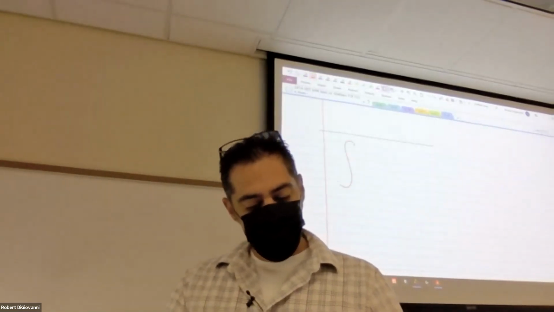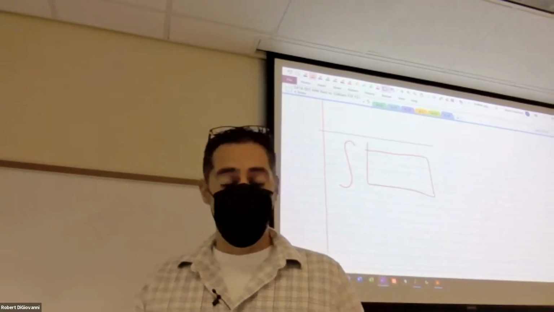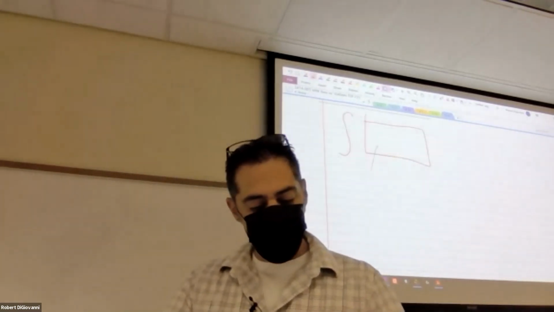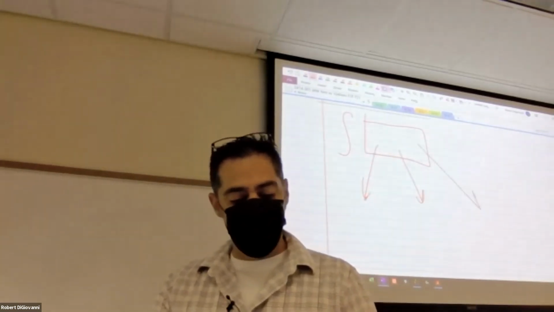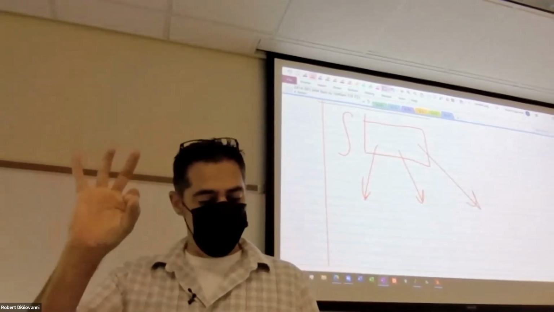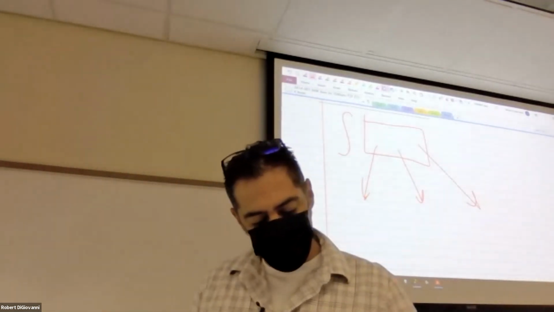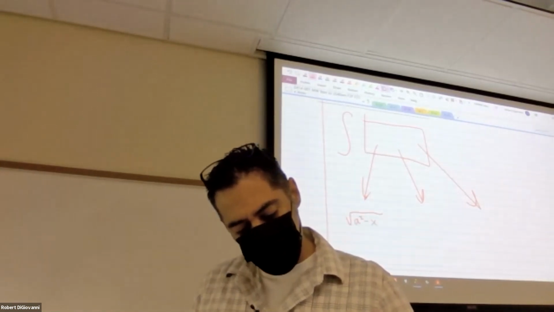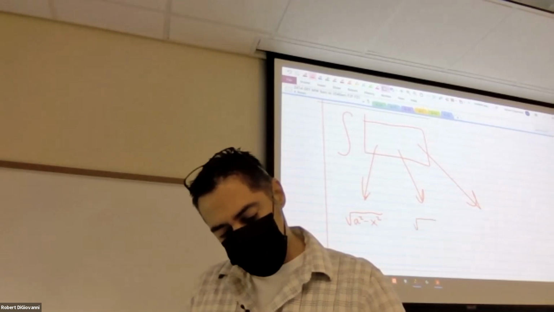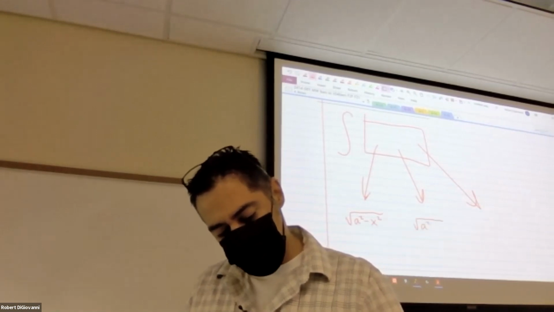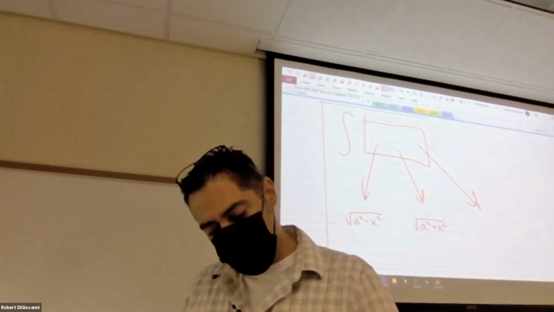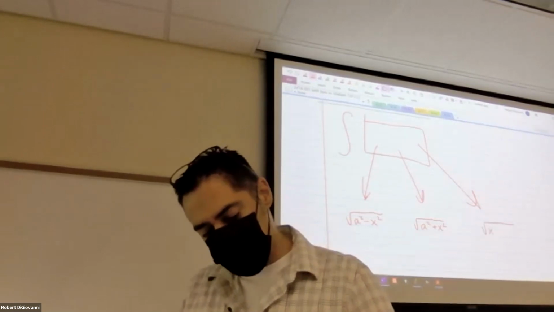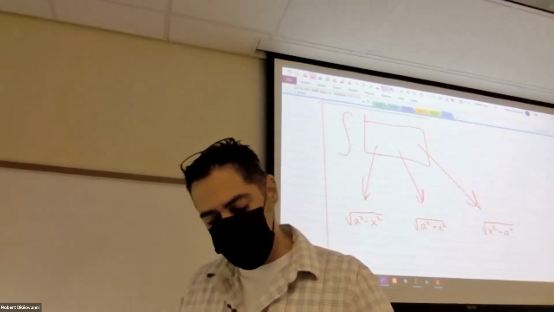Somewhere in the integrand, we want to see one of three possible things. We're either going to see the square root of a squared minus x squared, or the square root of a squared plus x squared, or the square root of x squared minus a squared.